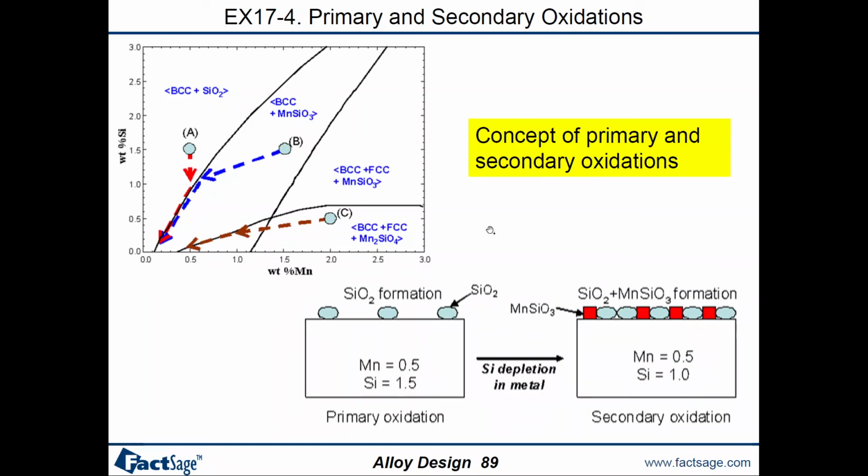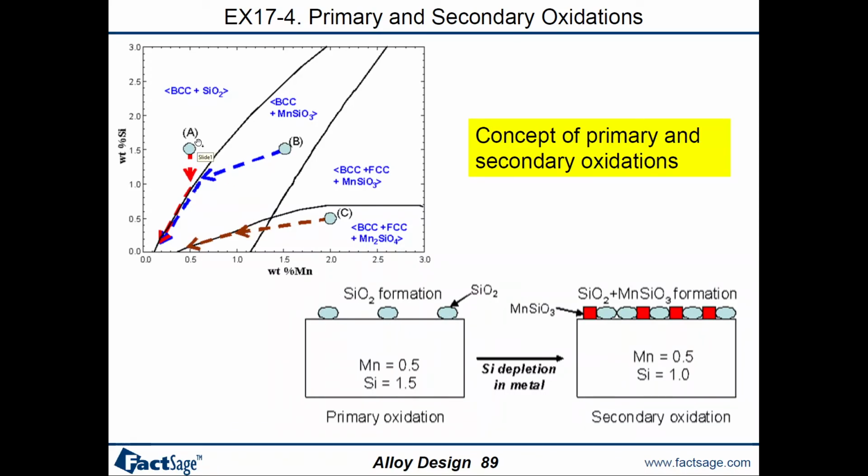Now, as the oxidation reaction progresses, after primary phase formation we can get secondary oxide phases too, because as we start from this composition at the surface of our alloy, the primary phase forms. So as you can see for composition A, which is Mn 0.5 and silicon 1.5 weight percentage, we have the primary oxide phase as silicon dioxide SiO2.